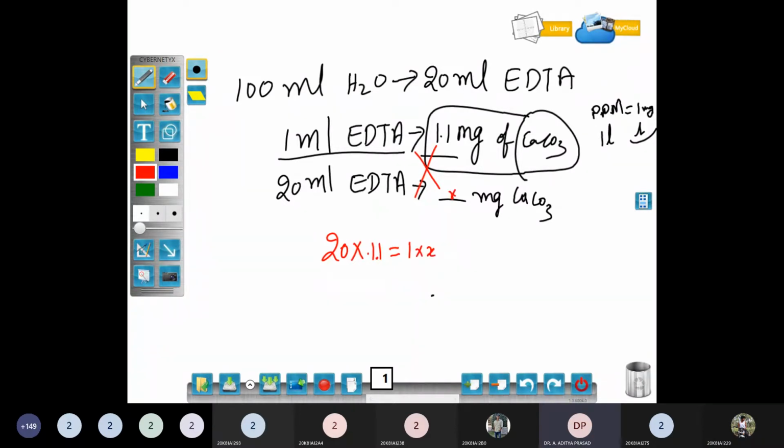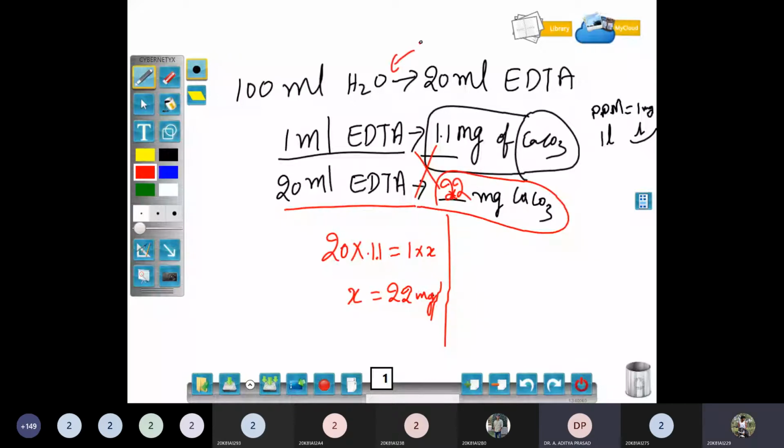So x is equal to 20 into 1.1, which is 22 milligrams. So for 20 ml of EDTA, it requires 22 milligrams of calcium carbonate.